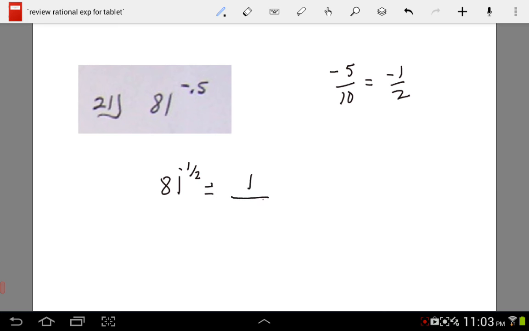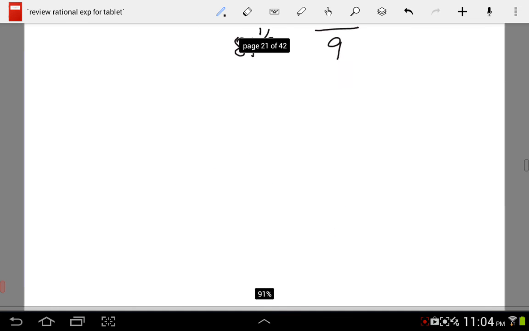So we're going to write it as 1 over 81 to the 1/2 power. Now here's one where it probably doesn't benefit us to write this as 3 to the 4th or 9 squared. We should pick up by now that the 1/2 power just means square root. So that's just the square root of 81 in the denominator, and the square root of 81 is 9. So that leaves my answer as 1/9 there.